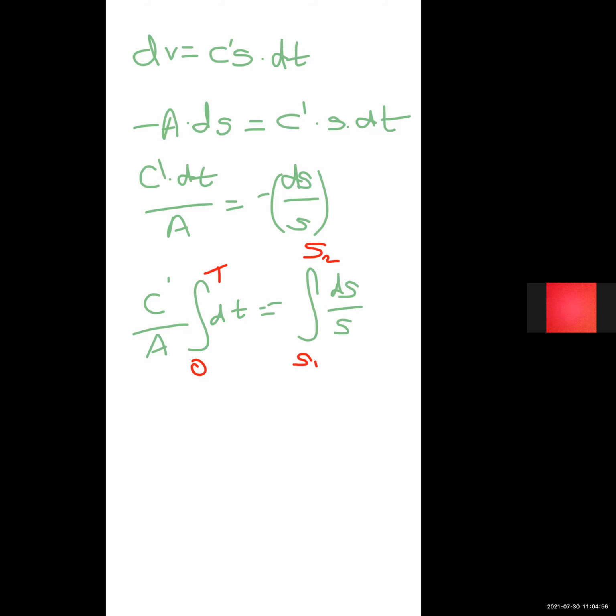This simplifies, and we can write t equal to minus log S2 by S1, and the final value is C' by A equal to 2.3 log10 of S1 by S2, divided by T.